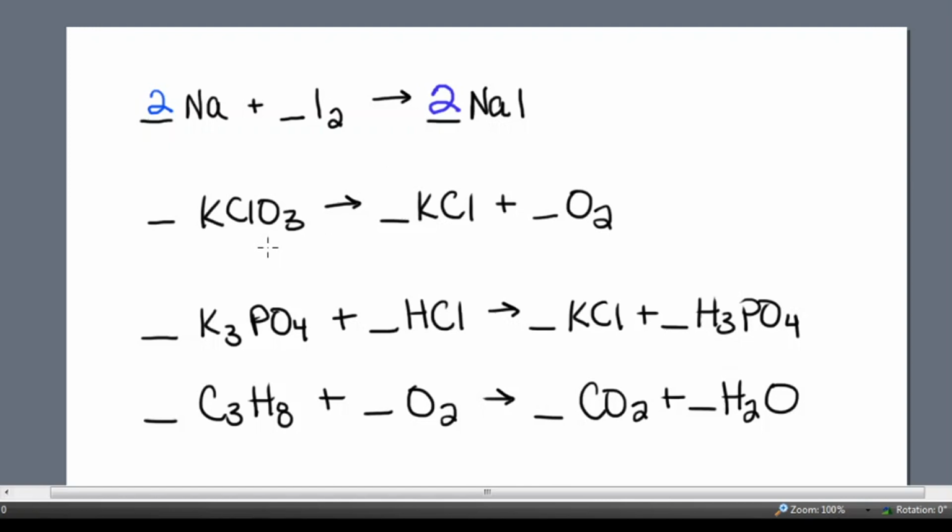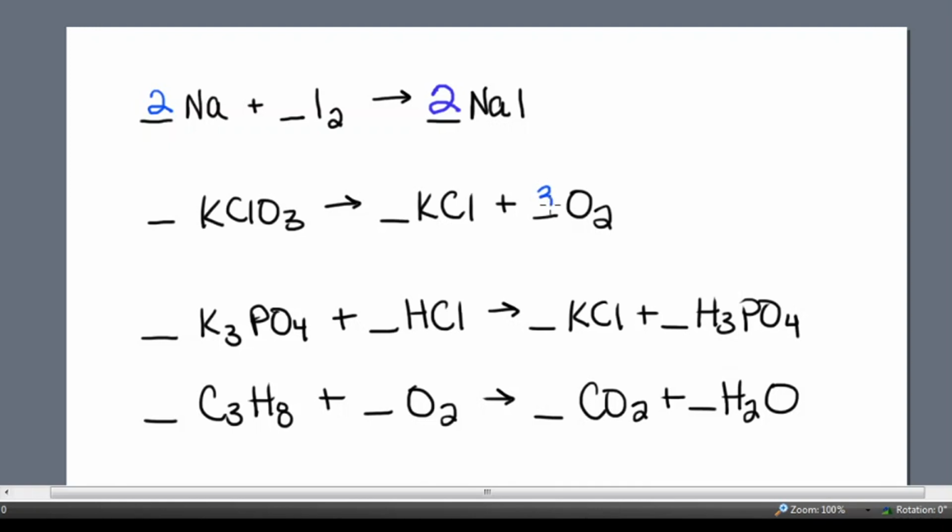This second one, I think, is one of the ones we did in the PowerPoint, but let's just go ahead and do it again. 1 potassium on the left, 1 on the right, a chlorine on the left, and a chlorine on the right. 3 oxygens on the left and 2 on the right. Here's where we need a least common multiple because we need to make these numbers equal by adding coefficients.